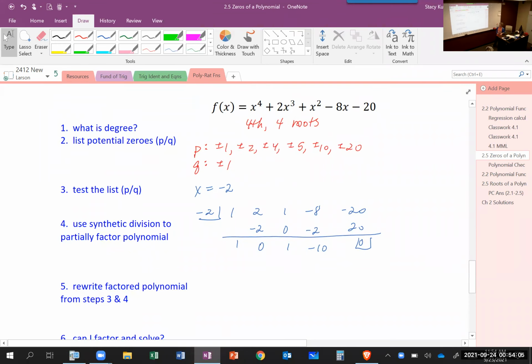So I have this from a 4th degree polynomial down to a 3rd degree polynomial. So x cubed plus x minus 10, I wouldn't be able to factor that using grouping. So now we're going to go back in and try the other root that you all found. We know that there's another root at 2.